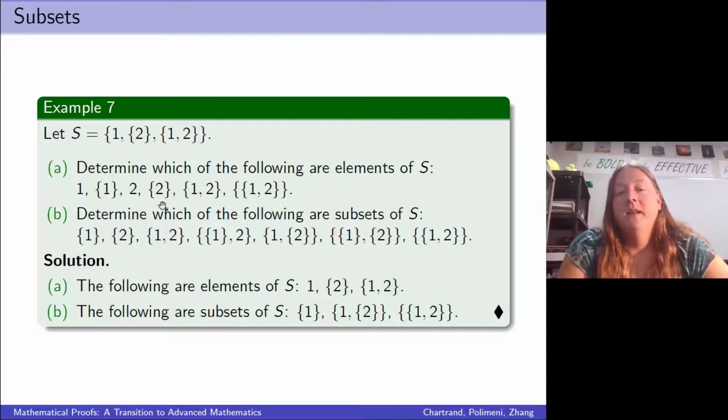When we're looking at the subsets, basically we're taking those 3 elements and grouping them up in every possible way. The set that contains 1 is a subset because I have the element 1 here. The set that contains 2 is not a subset, because this is the set that contains 2 as an element, so I would have to have the set that contains the set that contains 2 in order for it to be. Similar deal with the 1 and 2 thing, I don't have that.